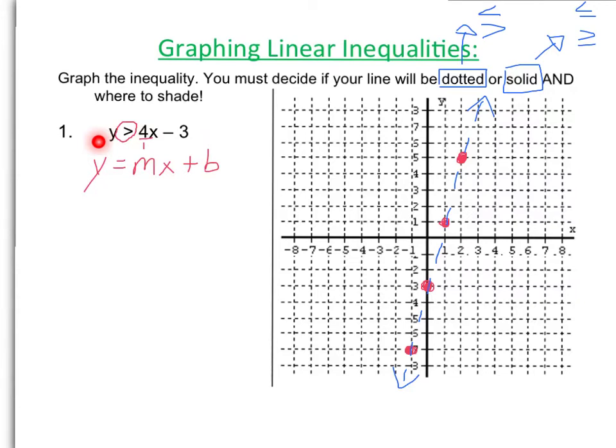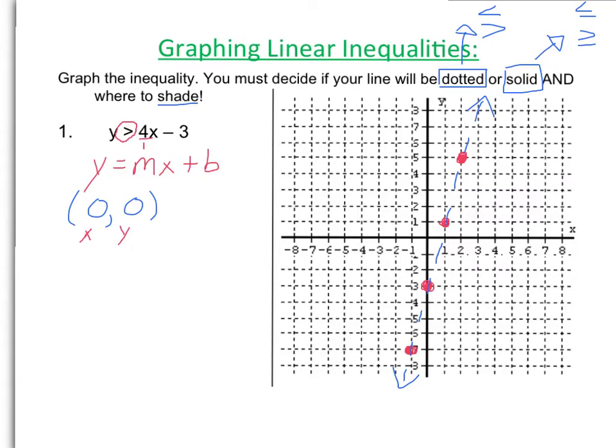Now the next thing that you need to remember is we have to decide where we should be shading. If you remember, we need to use the test point, and the test point that I have suggested that we use is 0, 0. So 0, 0 is here. It's on this side of the line. So we're going to plug in 0 for the x value and 0 for the y value, and we're going to see if those values actually satisfy this inequality.